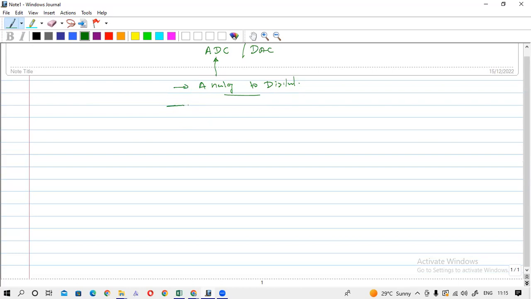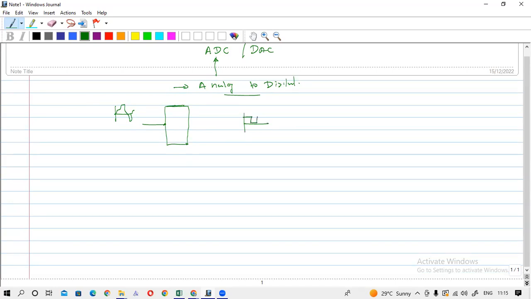If you consider the analog to digital converter, we are given an analog signal here, like this, and we will get a digital signal like this.